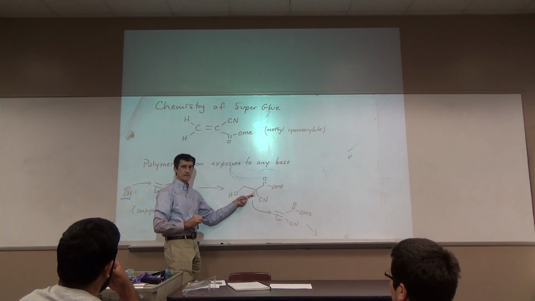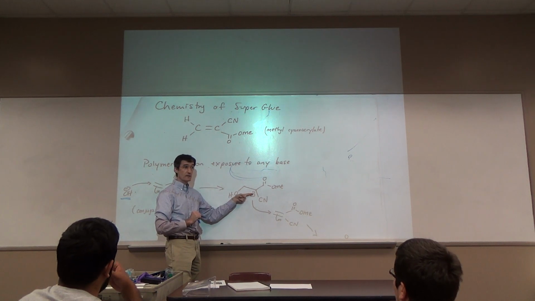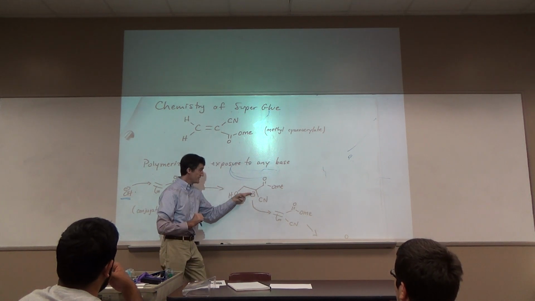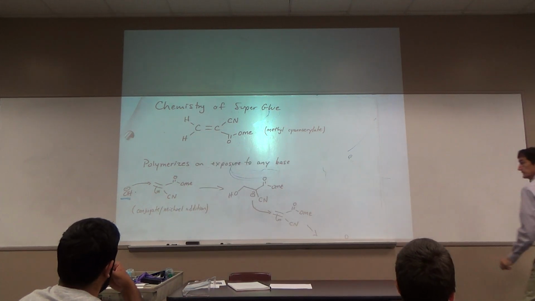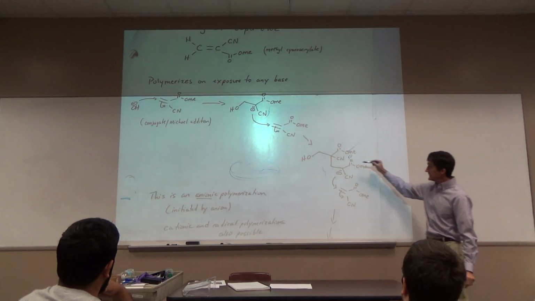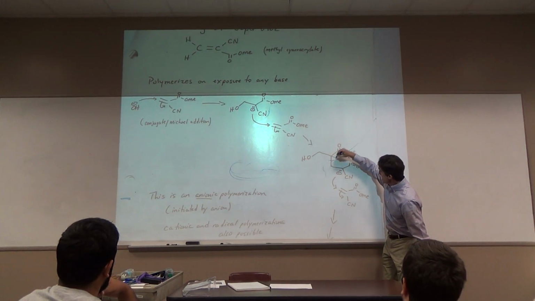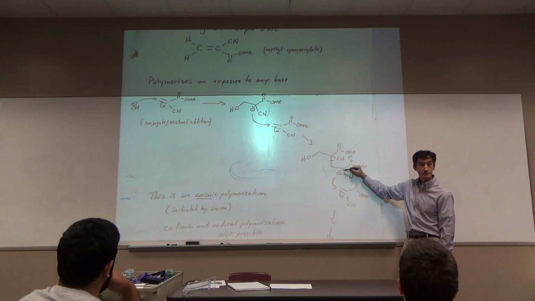Now in class, we just typically picked up a proton and said that's it. How can this polymerize? Well, right here, instead of this picking up a proton, it can add again. This anion can do a microaddition. And that would give that bond, and then electrons here, this anion. Well, what can it do?